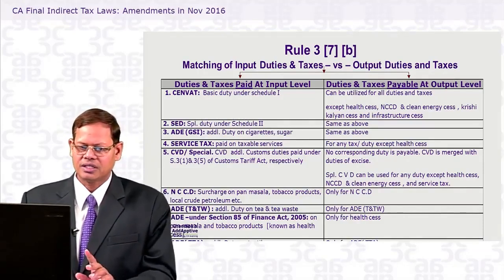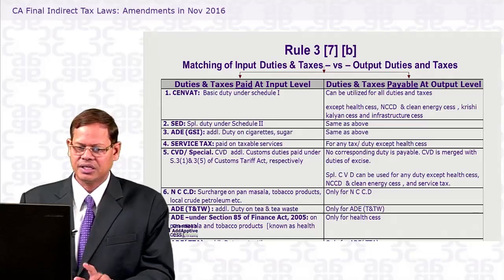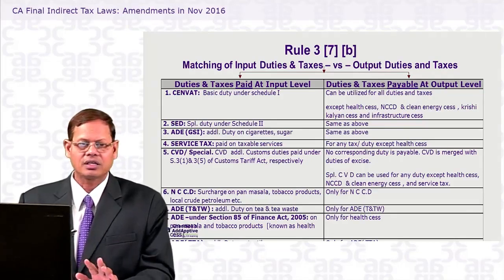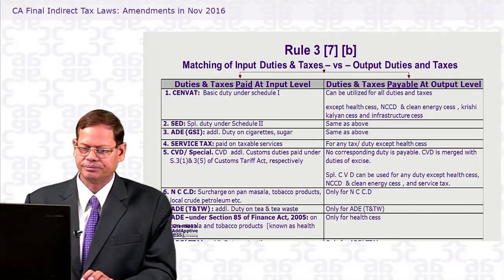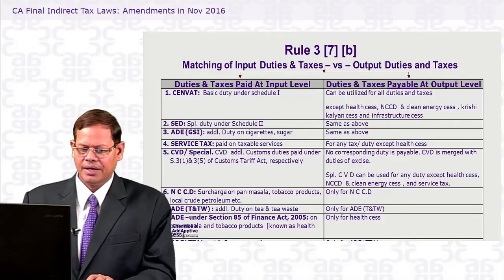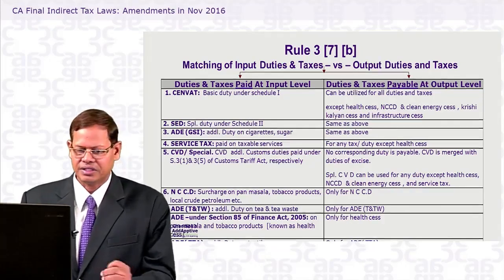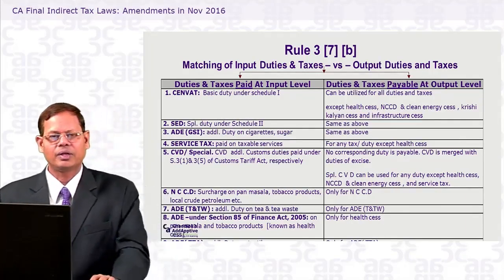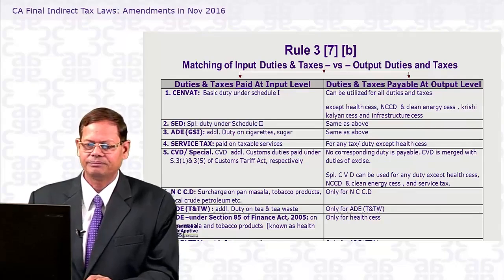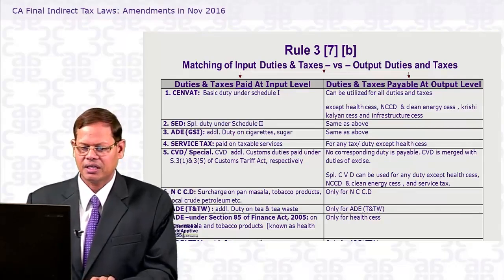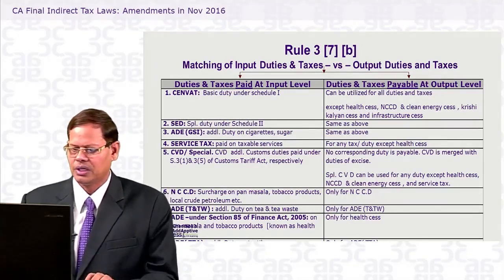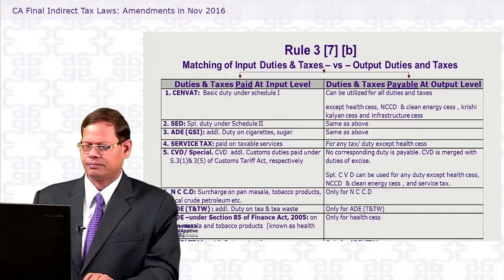There is CENVAT, special excise duty, ADE, GSI, service tax, CVD, special CVD, and national calamity contingent duty, NCCD, and ADE, T and TW, and ADE under section 85, that is also known as health cess, very popularly known as health cess, and ADE, TTA, Textile and Textile Articles Act, additional duty on textiles. Of course you know, they are matching.